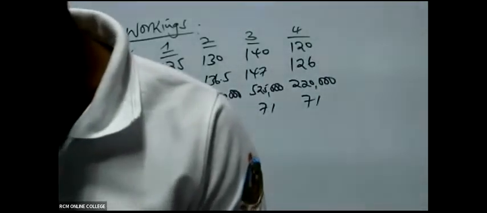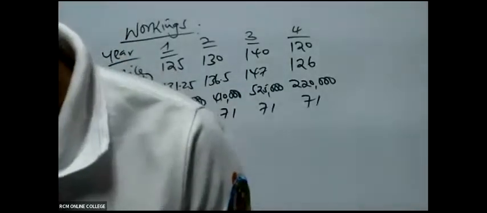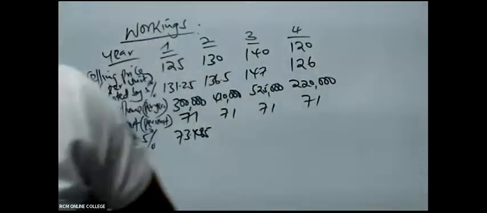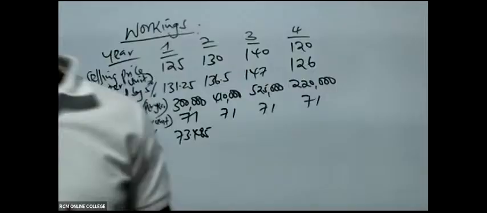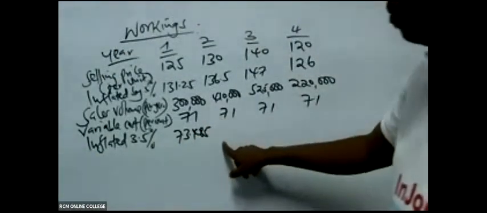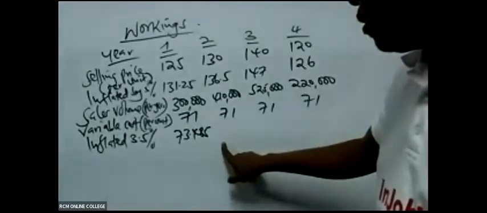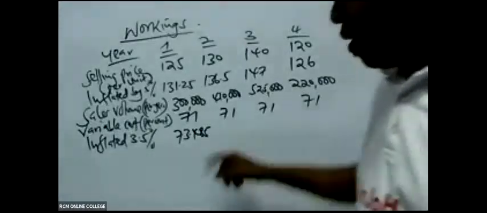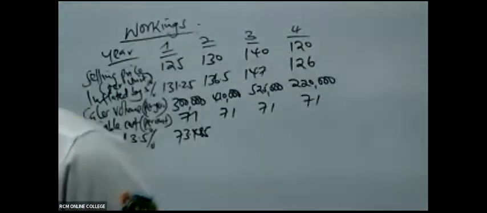Then times 1.05. Per year, the figure is 71.